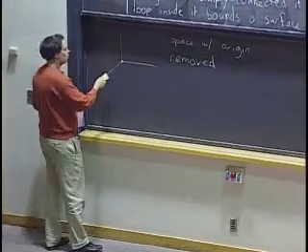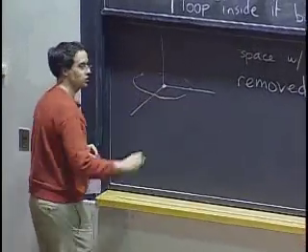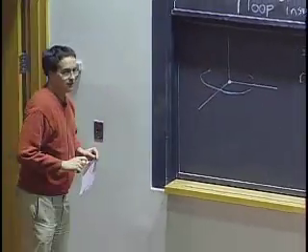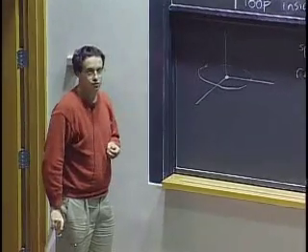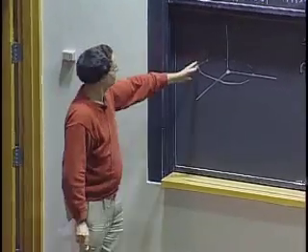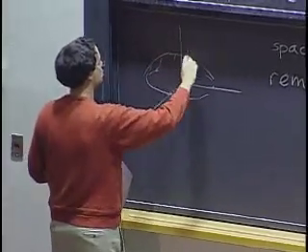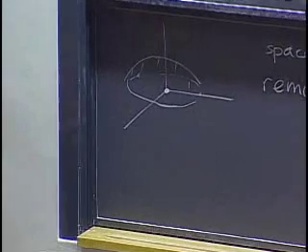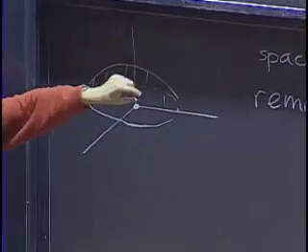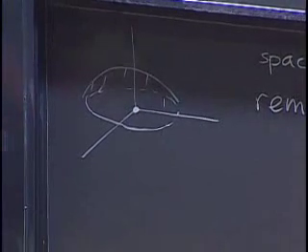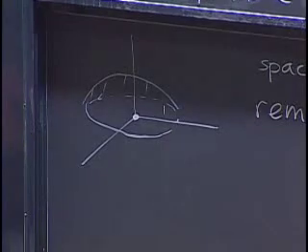Let's say that I take a loop like this one. Okay, it doesn't go through the origin. Can I find a surface that's bounded by this loop and that does not pass through the origin? Yeah, I can take the sphere, for example, or anything that's just not quite the disk. And similarly, if I take any other loop that avoids the origin, I can find actually a surface bounded by it that does not pass through the origin.